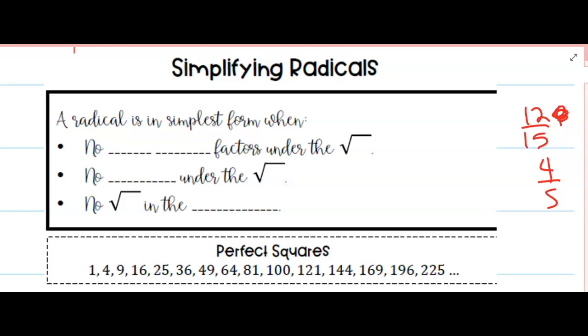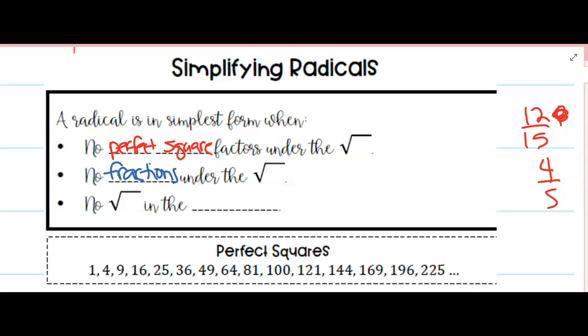And there's 3 of them that we are going to talk about this week. So the first thing is that there can be no perfect square factors under the radical sign. Second thing, there can be no fractions under the radical sign.